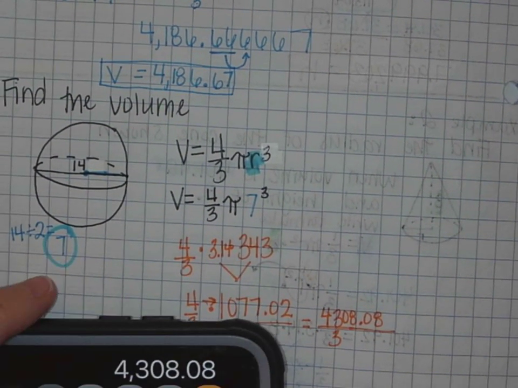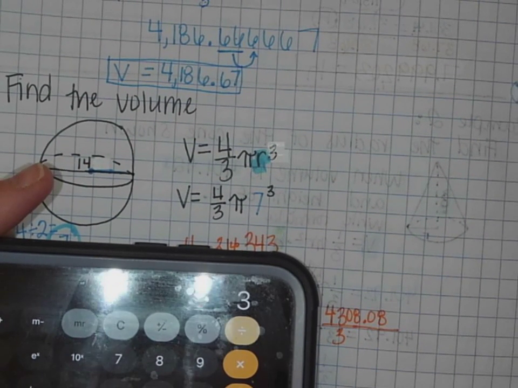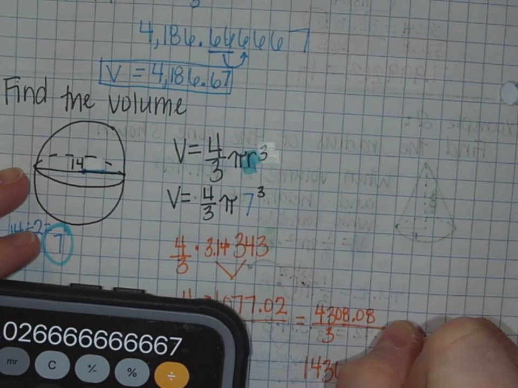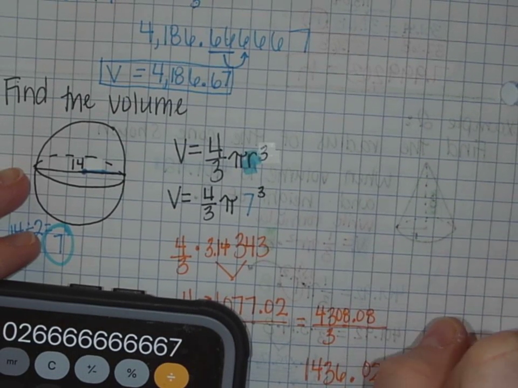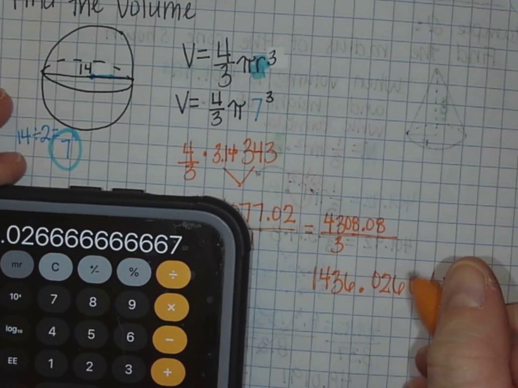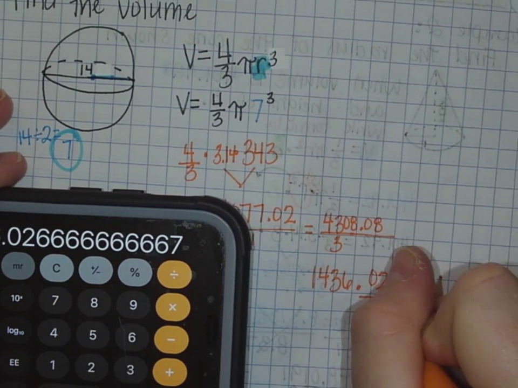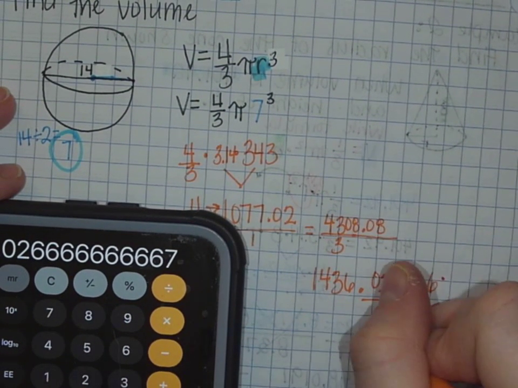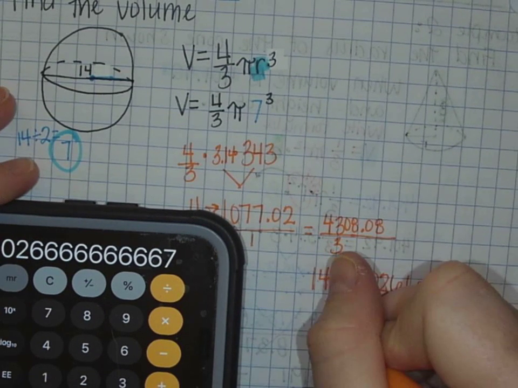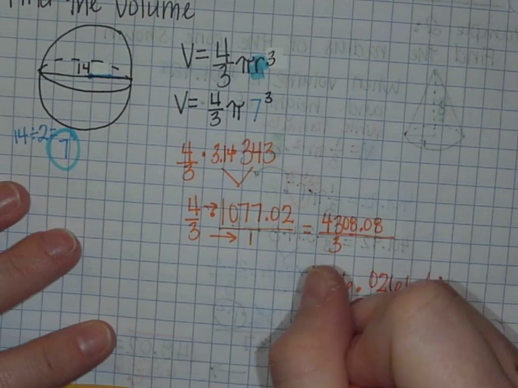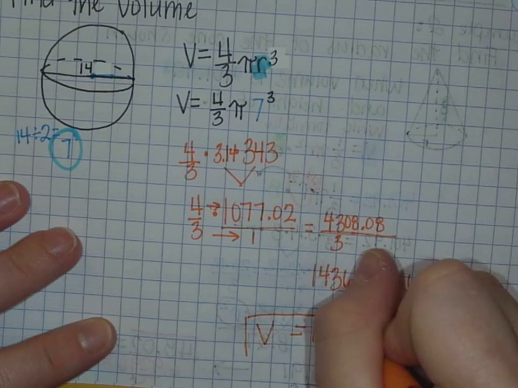So 4,308.08 divided by 3 is 1,436.02666. So I want 2 decimals. So that 6 would make that 2 go to a 3. So 1,436.03 would be our volume.